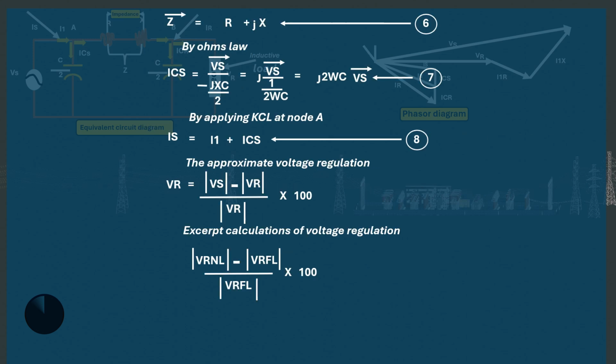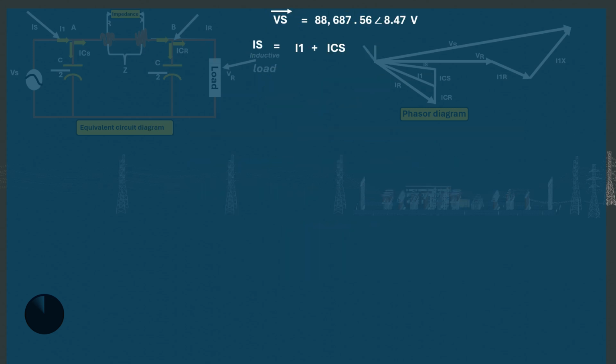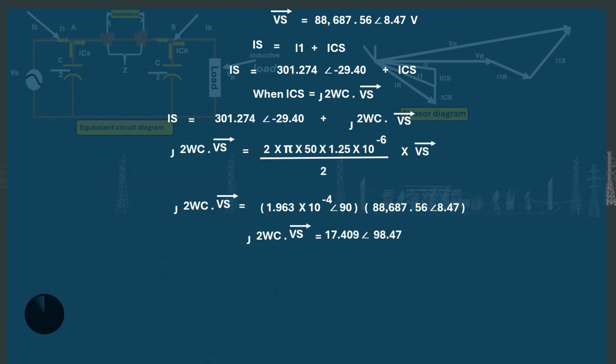In the same vein, the sending end current can also be calculated. The sending end current, IS, will equal the flowing current, I1, plus the current flowing through the capacitor at the sending end, ICS. We can calculate ICS as j2 omega C times the sending end voltage Vs, and this will equal 17.409 at an angle of 98.47 degrees.